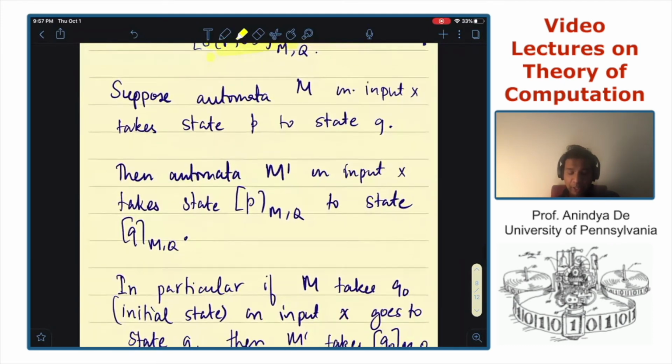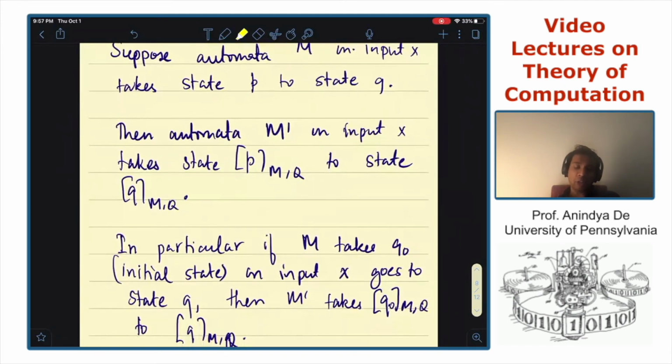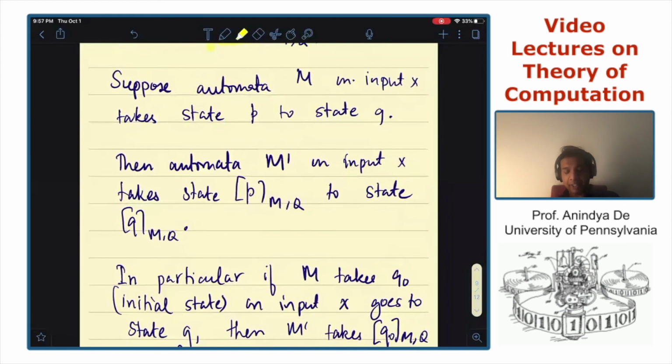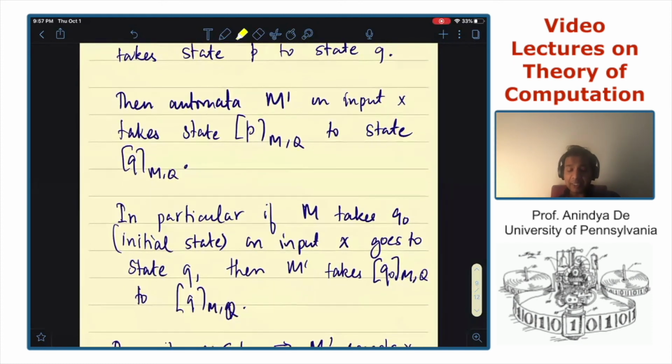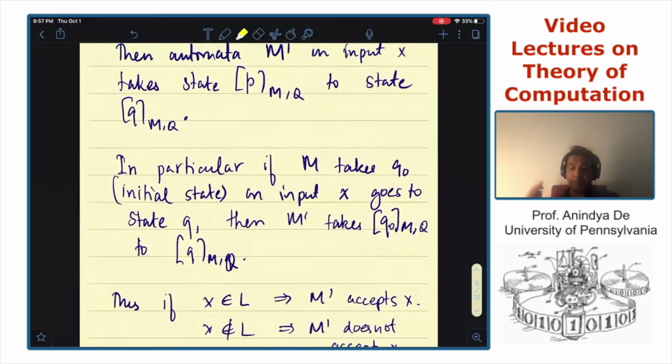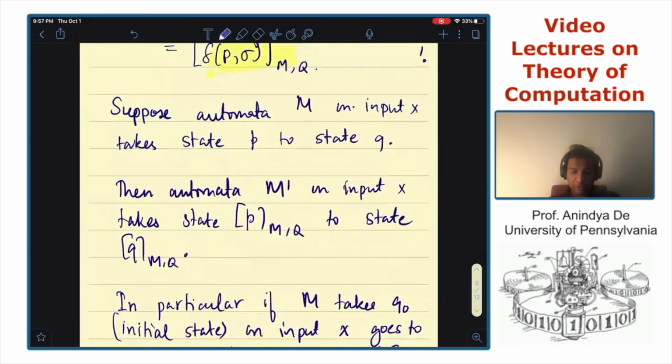Then it is not hard to show that the automaton M prime on input x, if it starts with the state corresponding to the equivalence class of p, will go to the state corresponding to the equivalence class of q. This is an easy proof by induction, basically similar to the proof by induction in the Myhill-Nerode theorem.